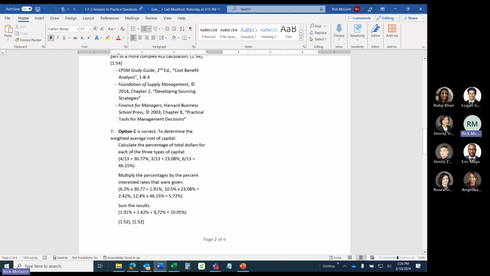So they did each of the interest rates first and added them up. The other way to do it is to multiply out the dollars and then add up the dollars and then divide it by the total dollars. You get the same answer.